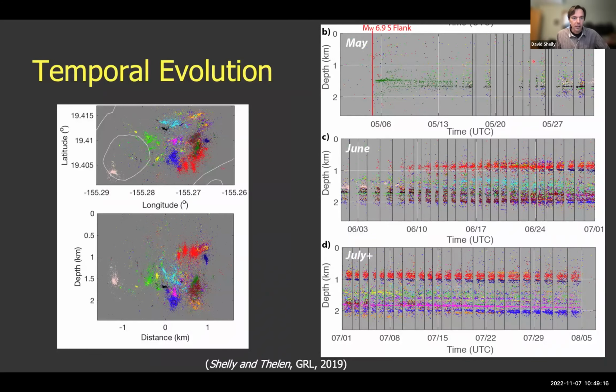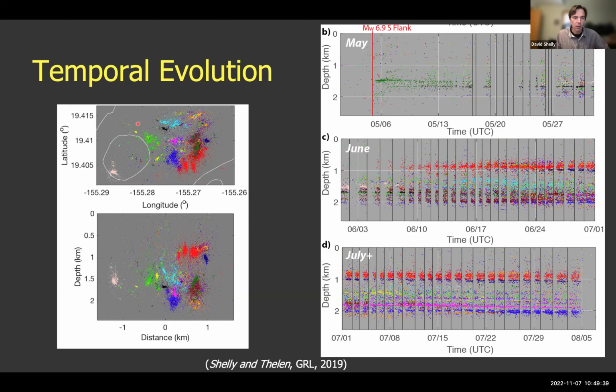Okay, so the temporal patterns of seismicity were really fascinating as well. On the left is a map view and cross section again. Here I've color coded events by groups of events with similar patterns of phase polarities across the network. This will make more sense toward the end of the talk.